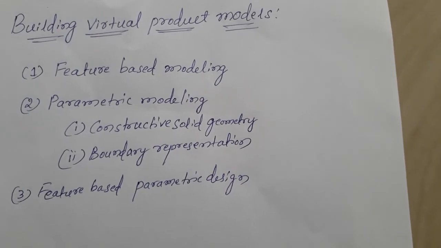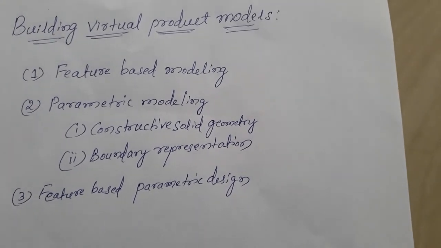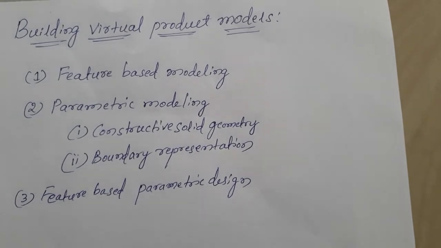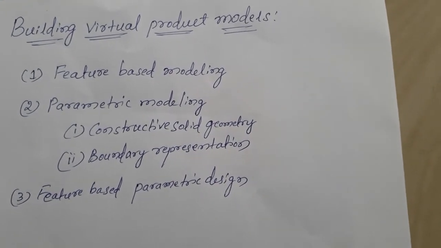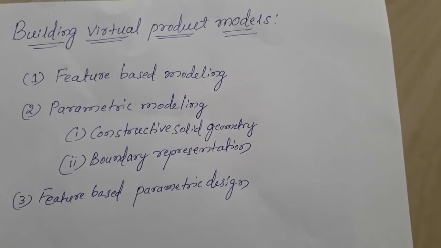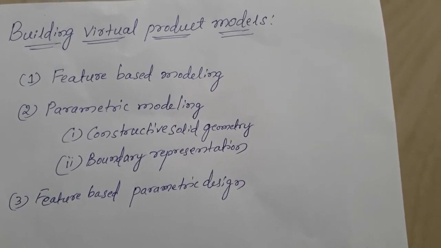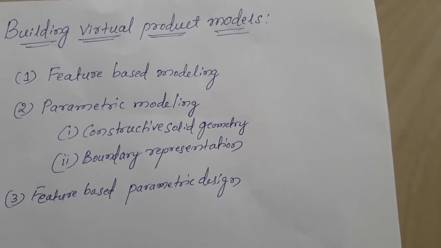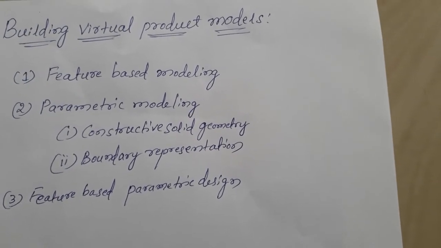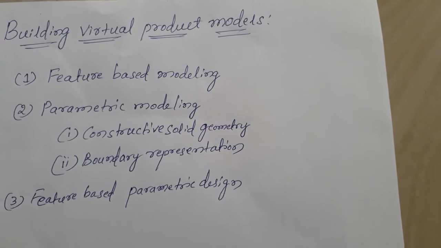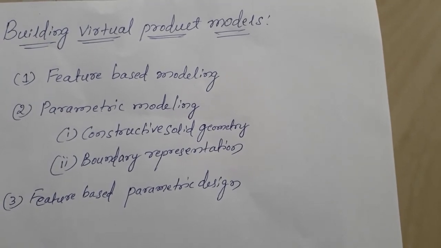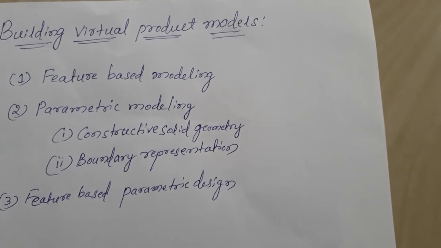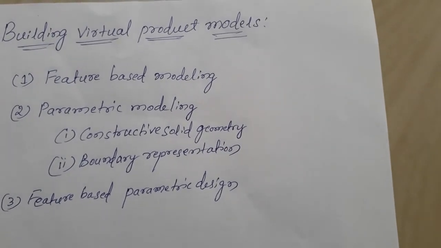By using lines and curves, we create a 2D model, then 3D features. Designers then apply some constraints on those 3D features. Creating a parametric model is very common in almost all 3D CAD systems.